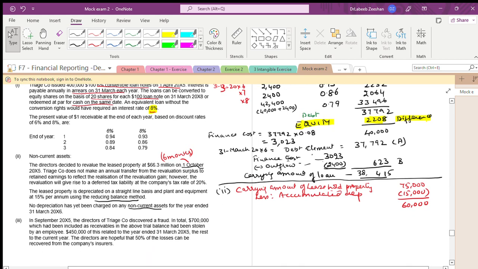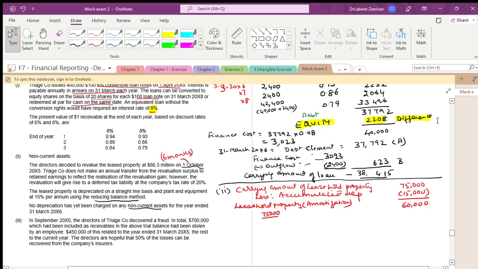Usually, on leasehold property, you will not use the word depreciation. We use the word amortization. Is it right?